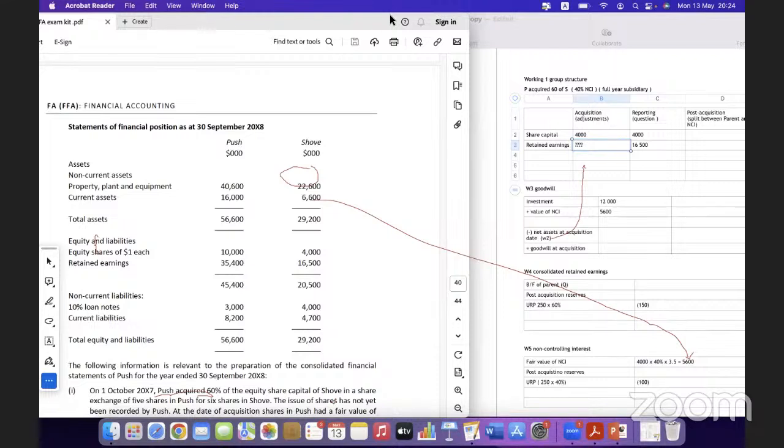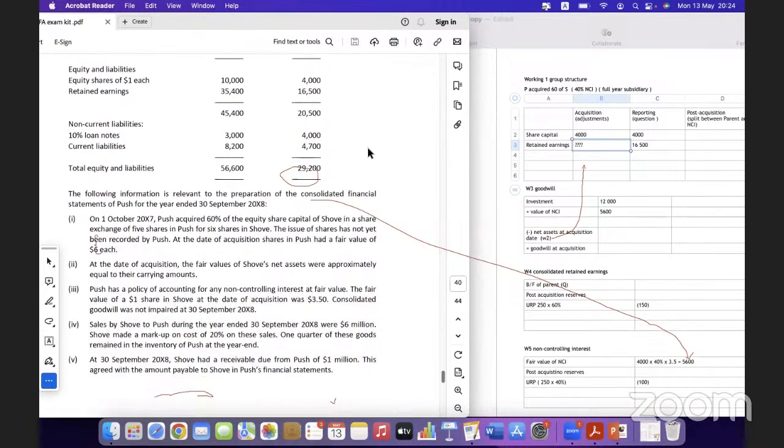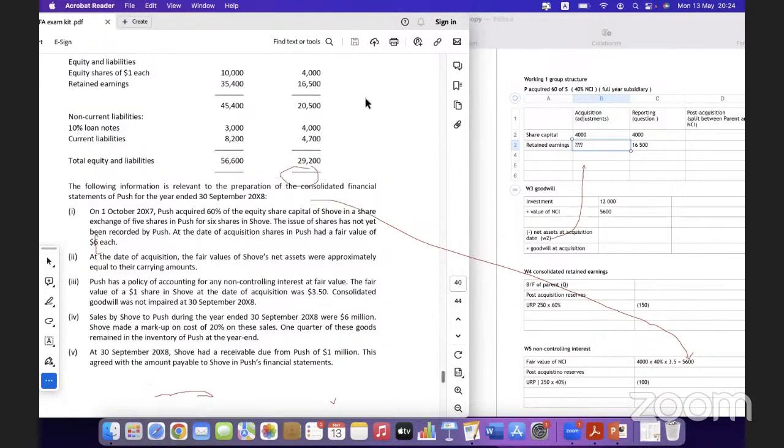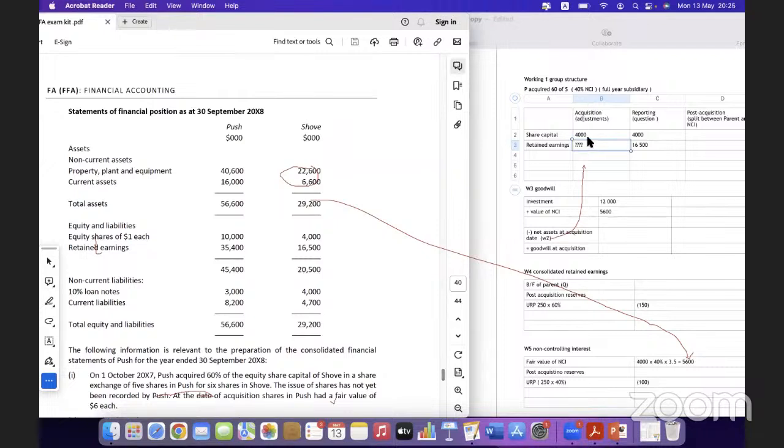Now, why am I telling you they have not provided the answer? Guys, when you read all these adjustments, have they spoken about the retained earning in any manner? No, guys, they haven't. So they want us to find this answer. How to find this answer? There are 2 methods, 2 equations, to find the retained earning at the acquisition date. One thing we can do is take the retained earning brought forward of subsidiary and add profit after tax.